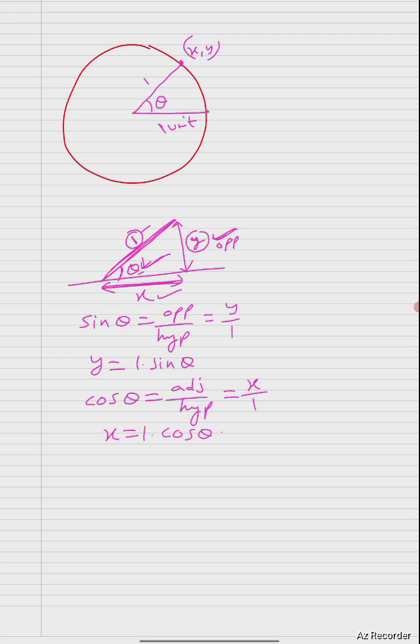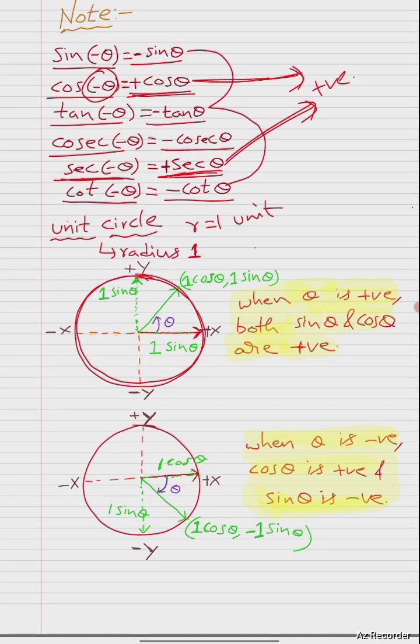So x is equal to 1 cos theta. So here we got the coordinates 1 cos theta as x coordinate and 1 sin theta as a y coordinate. Now go back to previous slide. Here I have derived that the coordinates of this point are 1 cos theta and 1 sin theta.